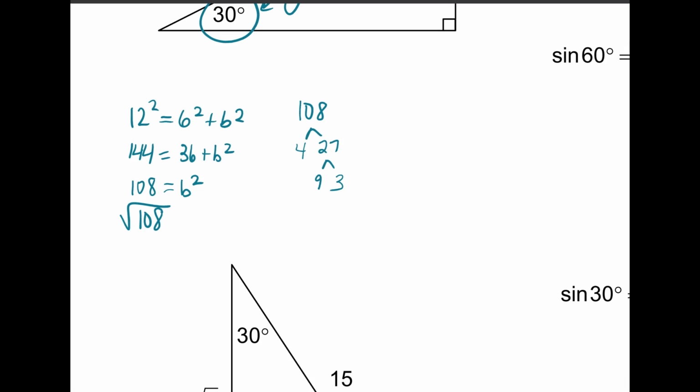So I'm going to rewrite square root 108 as square root 4 times square root 9 times square root 3, because 4 times 9 times 3 is 108.